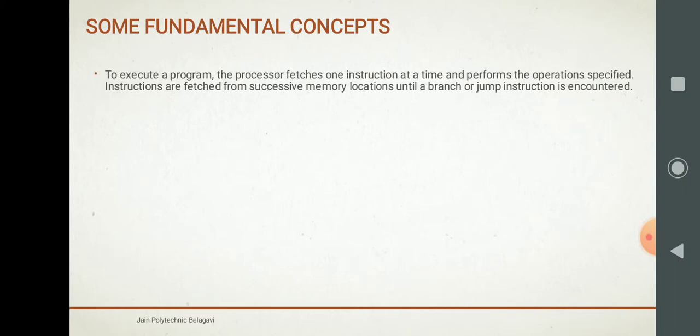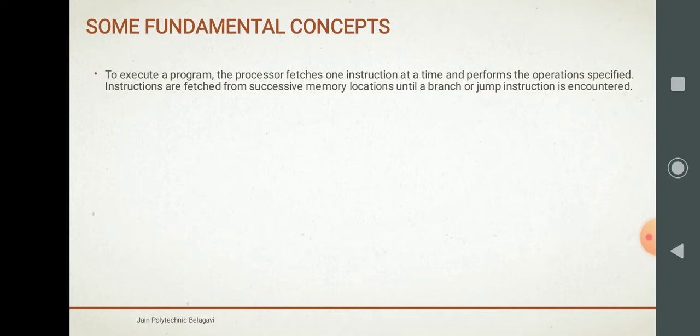To execute a program, the processor fetches one instruction at a time and performs the operation specified. So whenever you write a program and want to execute it, the processor does not execute all the lines of the program at a time. It fetches only one instruction at a time and performs the operation.